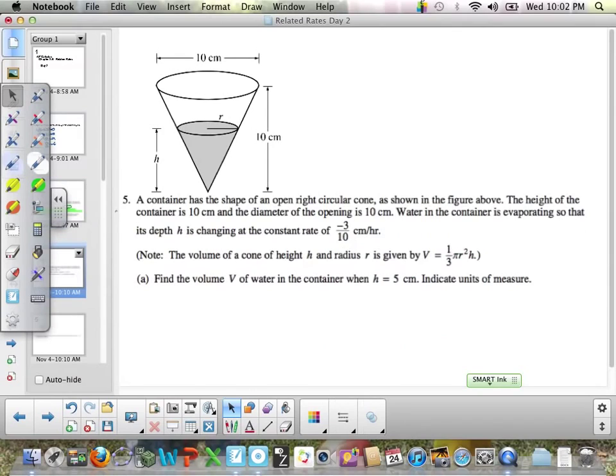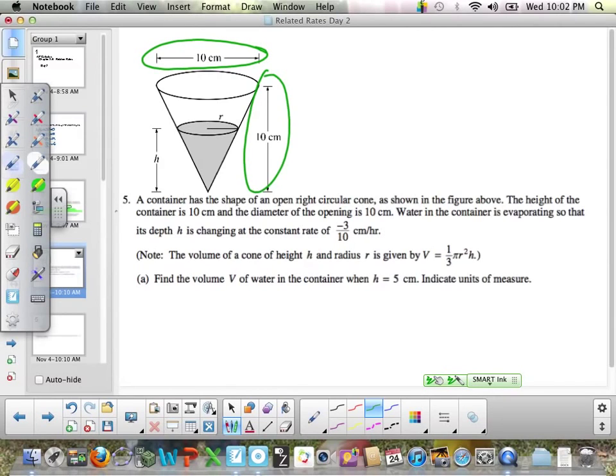We'll start with A. Okay? Find the volume of the water in the container when h equals 5. All right? So when h equals 5, keep in mind our h-r relationship. It's a 1-to-1 relationship. When h is 10, r is 10. So if h is 5, r is 5. Oh, check that.